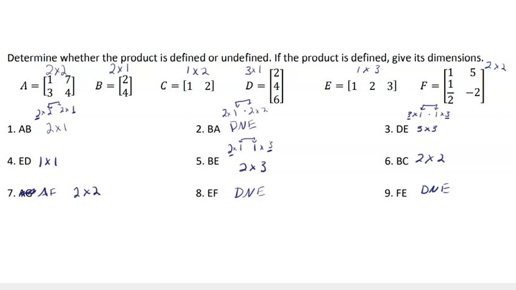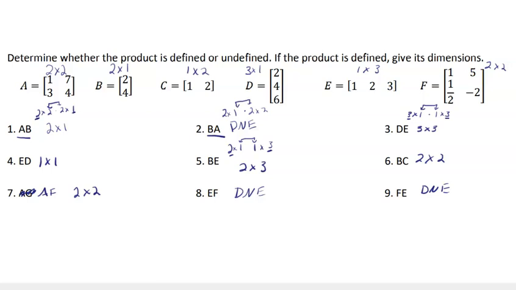Going back to 1 and 2, just to point something out here, note that this is A times B and B times A, and we do not get the same answer for them. So one of them exists, one of them does not, which is weird for us, right?